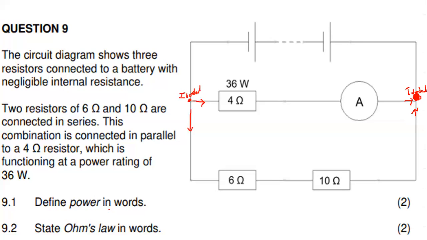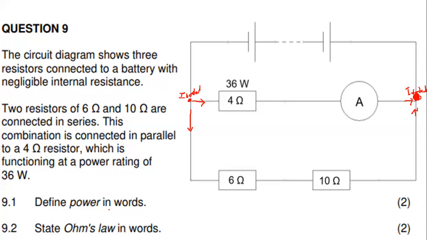Number two, we are required to state Ohm's law in words. We must state Ohm's law in words. And we know it by now. The potential difference across a conductor is directly proportional to the current in the conductor at constant temperature.